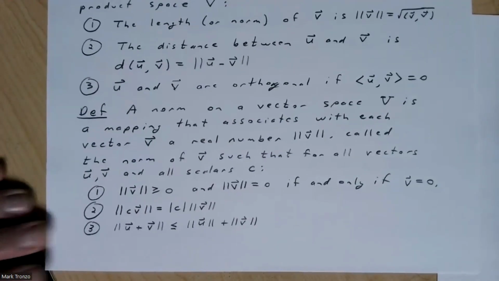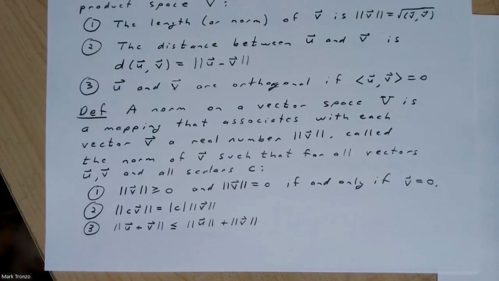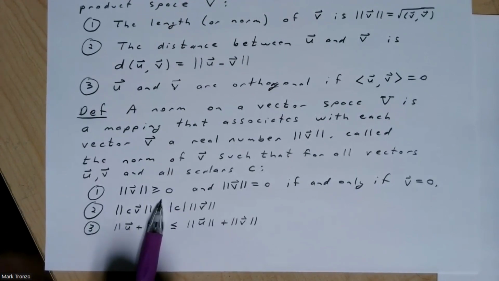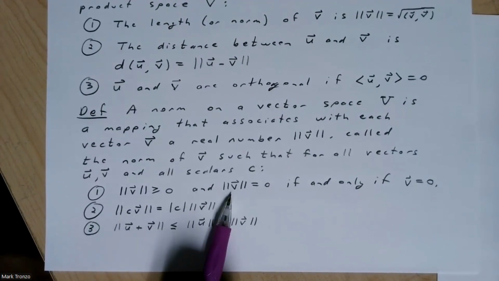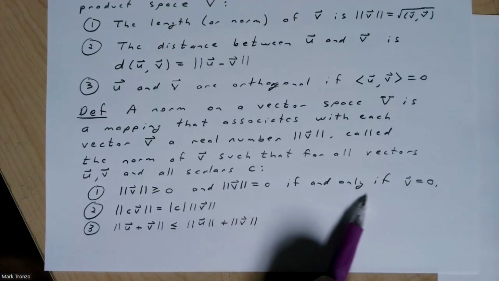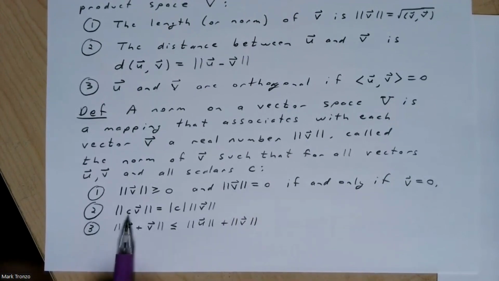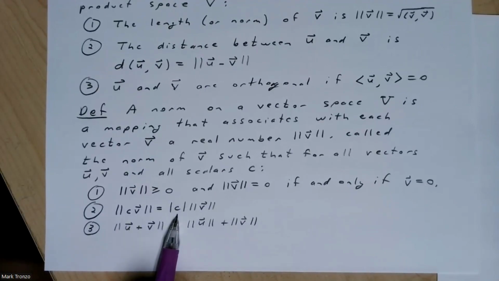So here's the more precise definition of a norm. A norm is such that it's always going to be positive or zero, and it's going to be zero if and only if the vector itself is zero. You can factor out a scalar out of a norm as long as you use the absolute value.